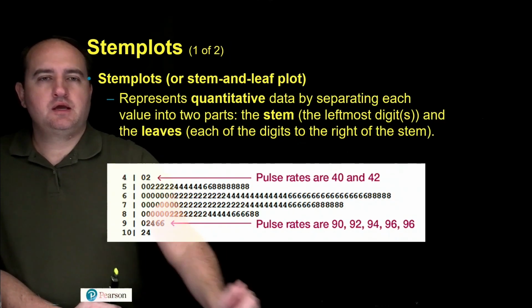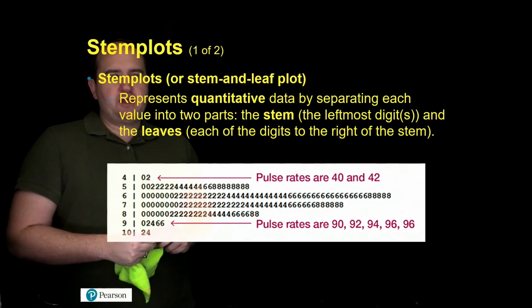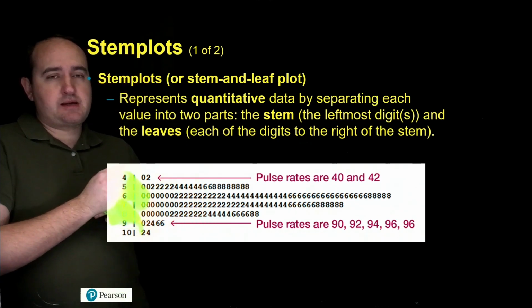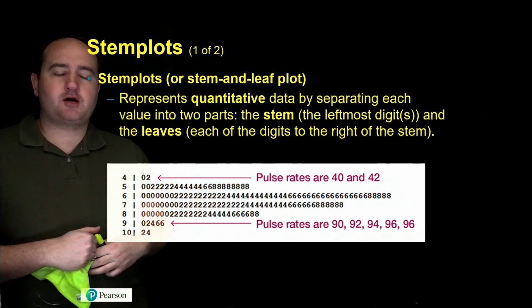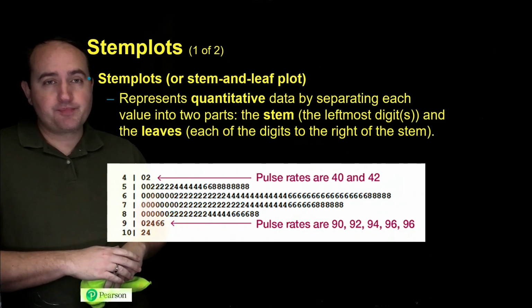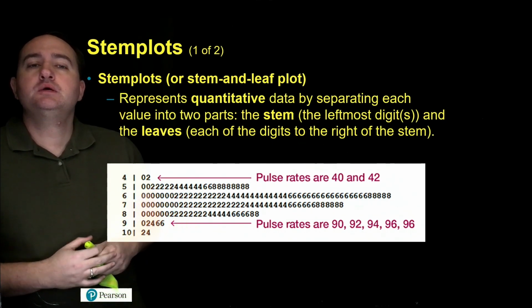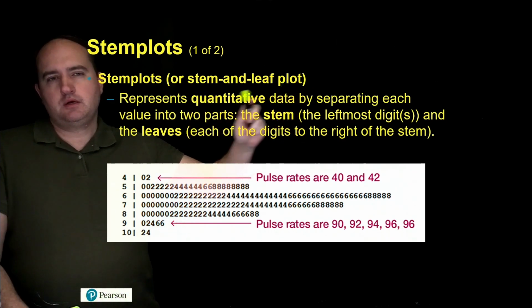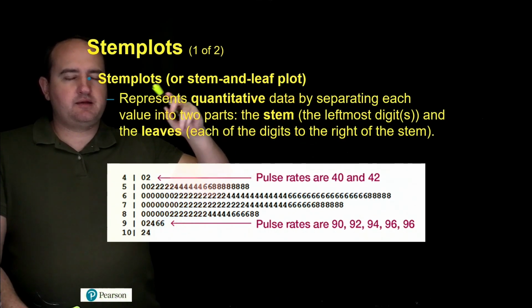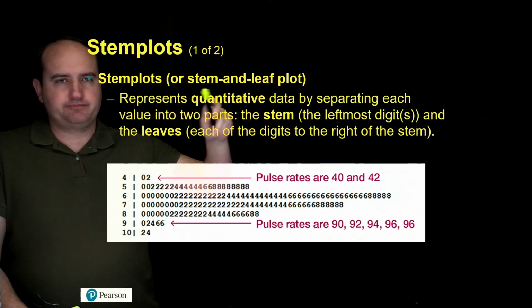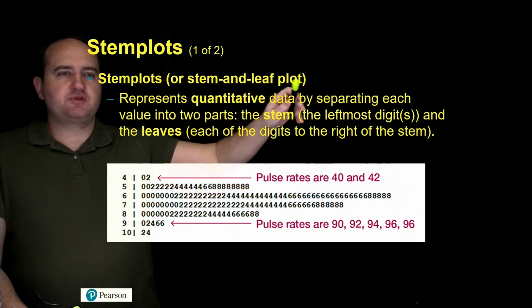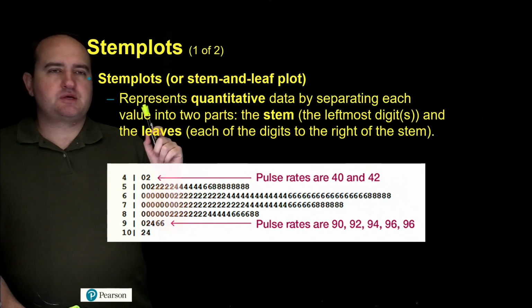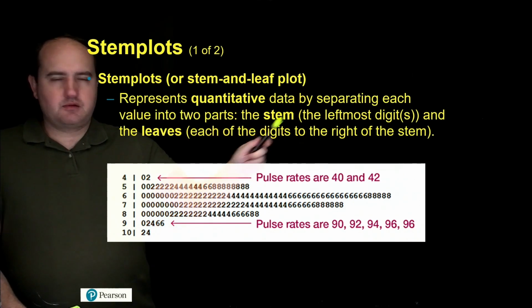Okay, next type of graph that enlightens, another type of graph that generally fosters understanding of the data, are stem plots. So stem plots or stem and leaf plots, depending on what you're looking at, these two terms mean the same thing. What they do is they represent quantitative data.